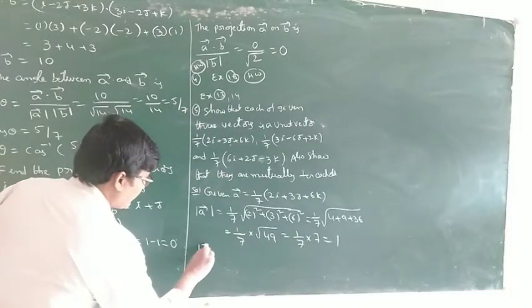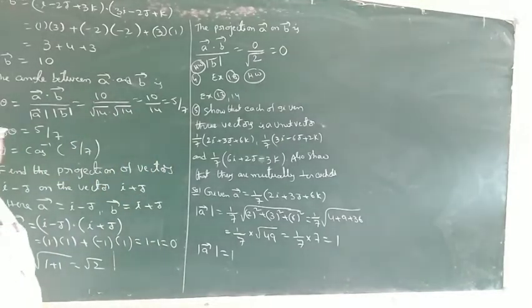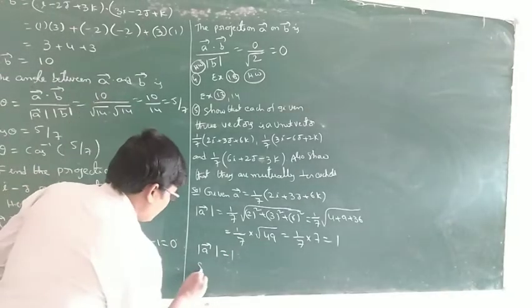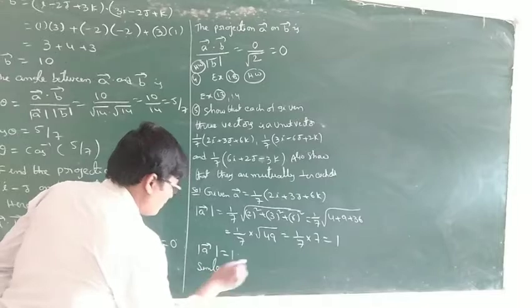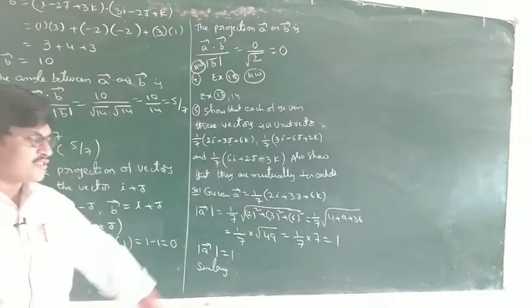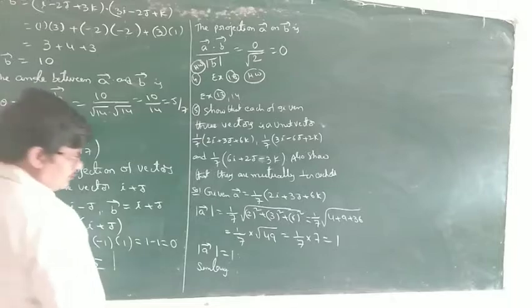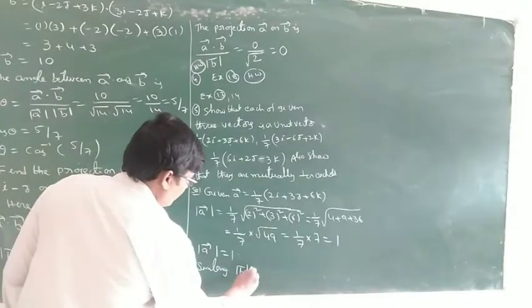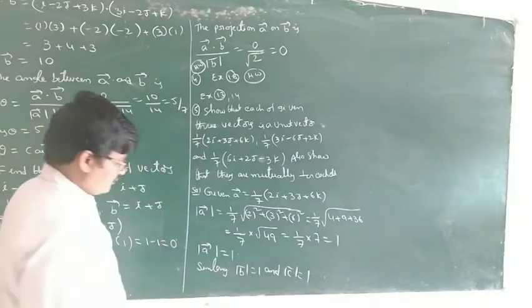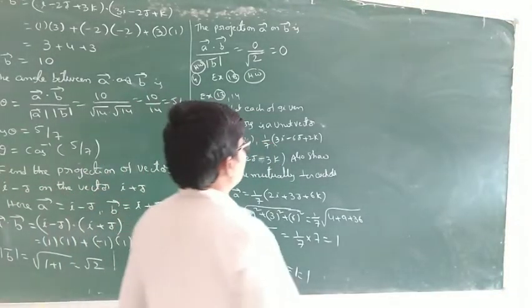So magnitude of A bar is equal to 1. Magnitude of A bar equal to 1 means that it is a unit vector. Similarly, in the same way, mod B bar and mod C bar are equal to 1. We have to prove this, homework.